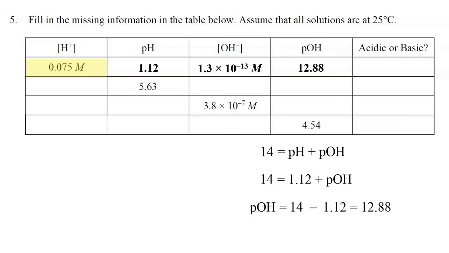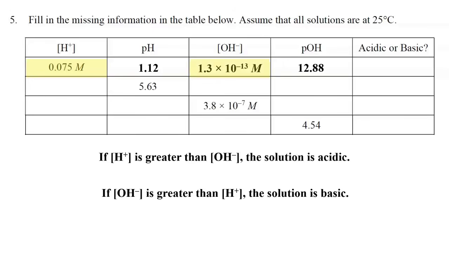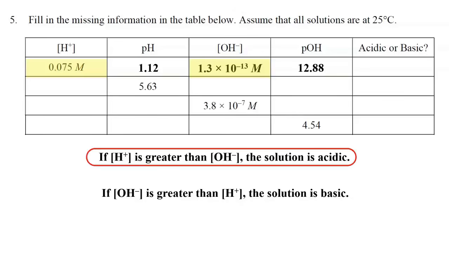Now, is this solution in this row of the table classified as acidic or basic? Let's compare the concentration of H+ with the concentration of OH-. If the concentration of H+ is greater, then the solution is acidic, which is what we see here in this example. Otherwise, if the concentration of hydroxide is greater, then the solution would be classified as basic.